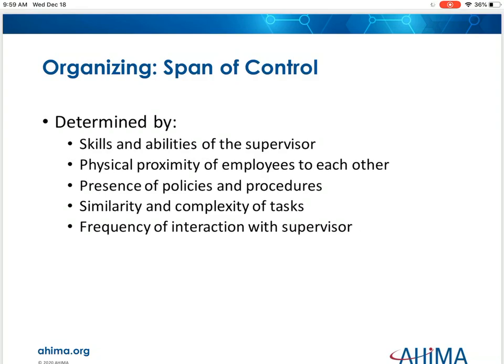Now, I have a smaller span of control when I have to interact frequently. But it talks about technology being available to aid in that communication process, then that span of control may increase. So again, we're going to talk more about span of control when we get to chapter 11.